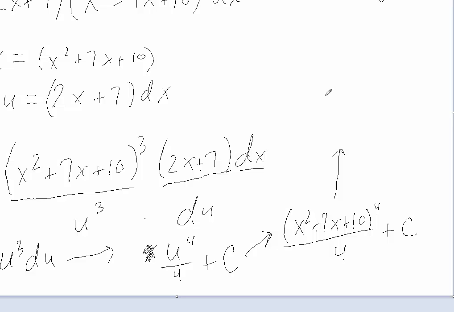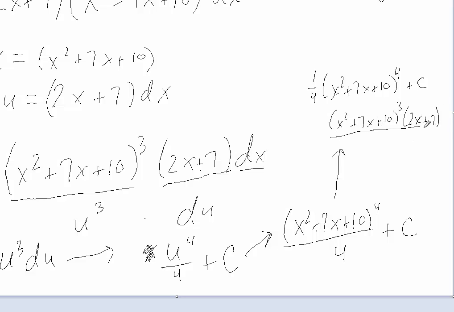If we take 1/4 times x squared plus 7x plus 10 to the fourth plus c, and use the chain rule, the derivative of the constant c is zero, but we get 4 times 1/4, which is 1, times x squared plus 7x plus 10 to the third times the derivative of x squared plus 7x plus 10. And here, in fact, is what we have.